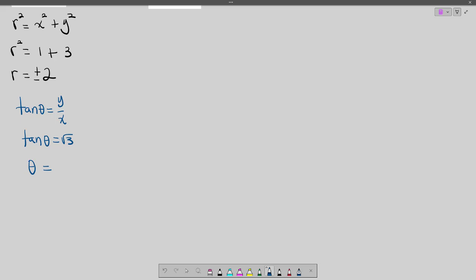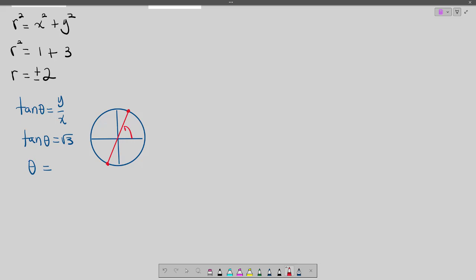Trig equations have an infinite number of solutions. Right, all trig equations have an infinite number of solutions. When we say tangent is root 3, when we look at the unit circle, there are two possibilities. Tangent is root 3 at these two places on the unit circle.